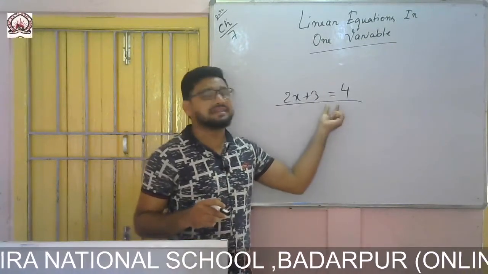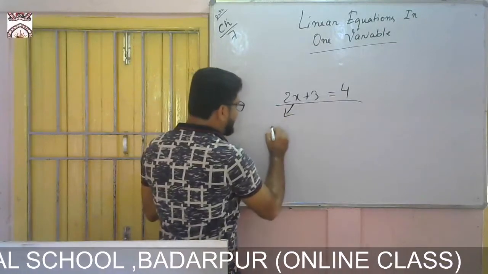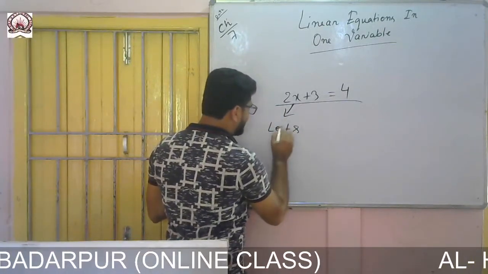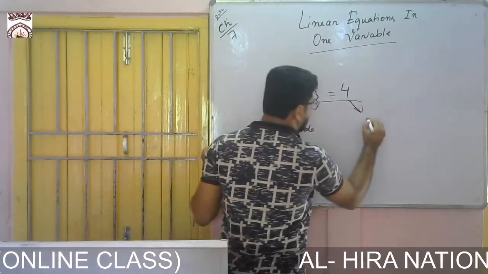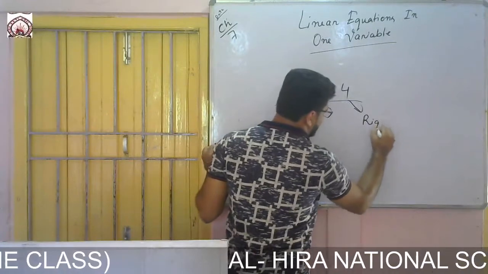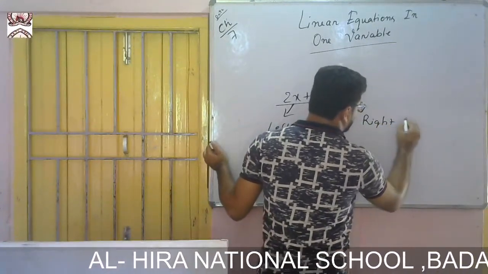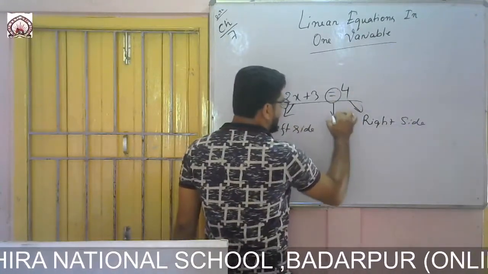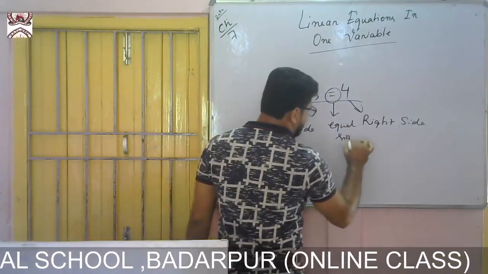Left side, right side, and then what? This is the left side, this is the right side, and this is the equal sign.